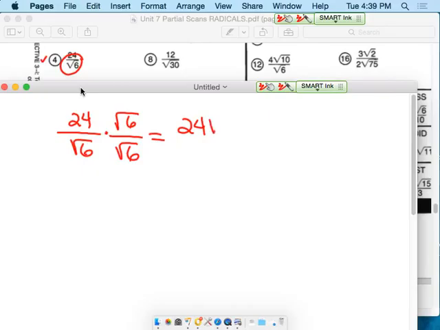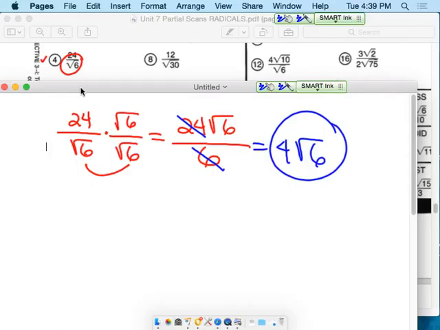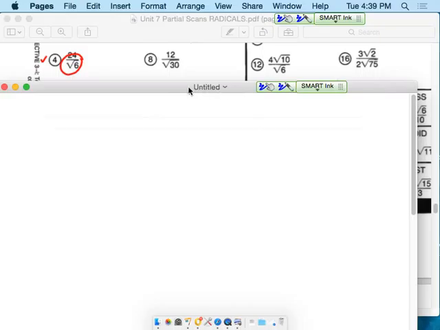And so now I'm going to have this, and the radical times itself is just the number on the inside. And then you can simply clean this up. And remember, what's under the radical stays under the radical if it's in its most simplified form. And let's look at number 16 on the video.